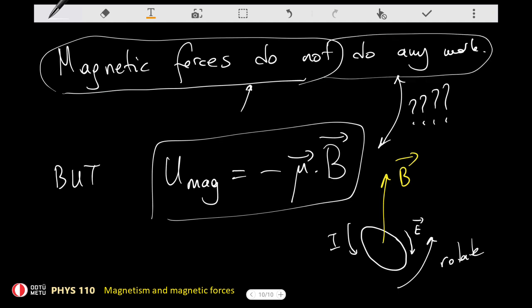So we can safely say that the magnetic forces do not directly exchange energy with the electric charges, but indirectly they can exchange energy. But in that case, there are some other processes that we have to take into account. Obviously, it is too early to talk about this induction process in here. So when the time comes, we can revisit this problem.